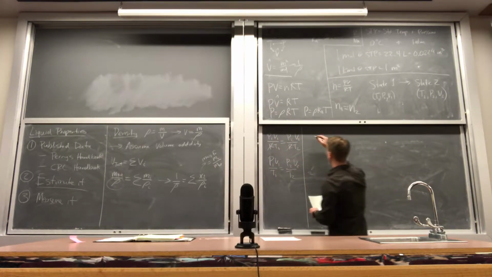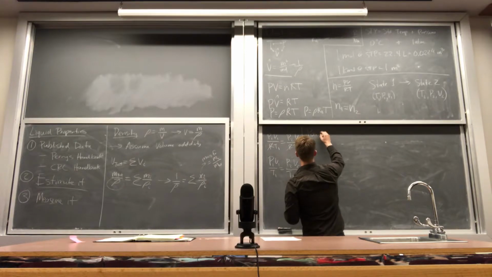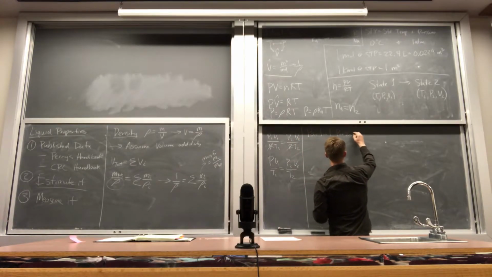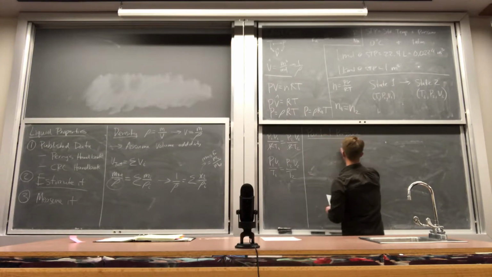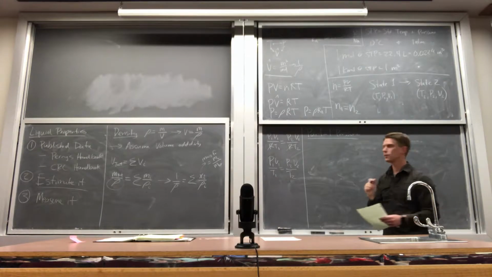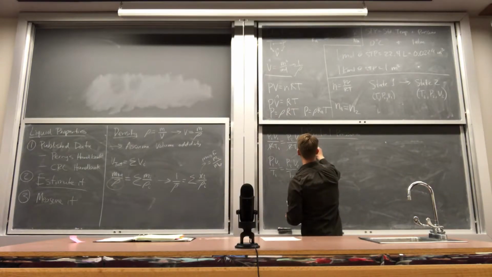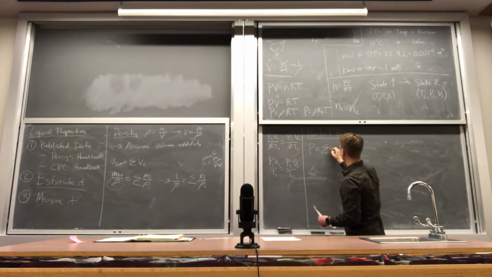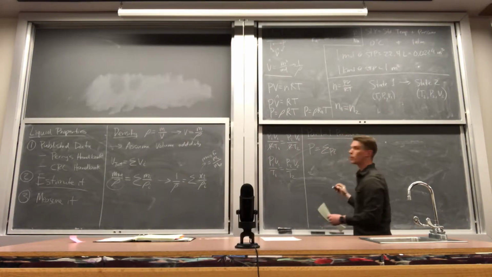A definition we want to go over really quickly is called the partial pressure. Now, the partial pressure is a concept that is really only valid when you have an ideal gas, because in an ideal gas, the pressure of the mixture is equal to the summation of what we call the partial pressures.